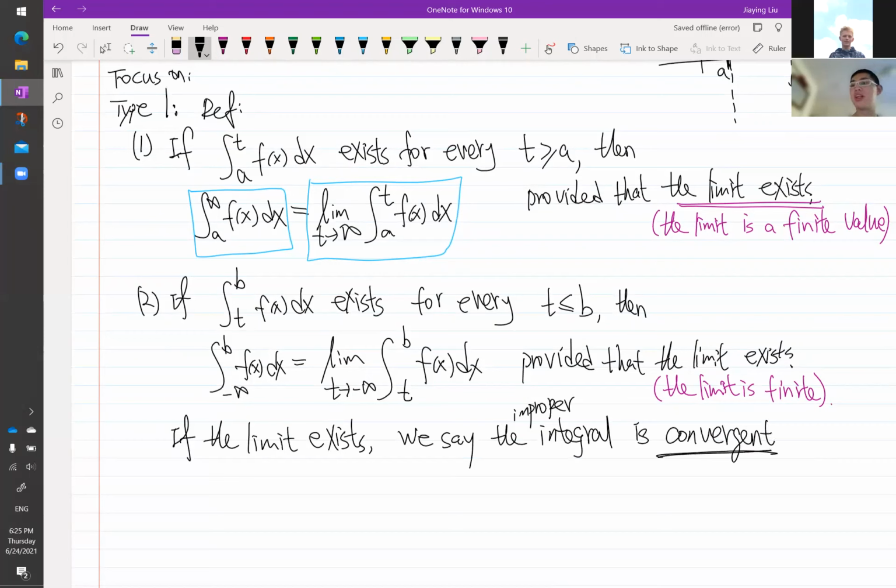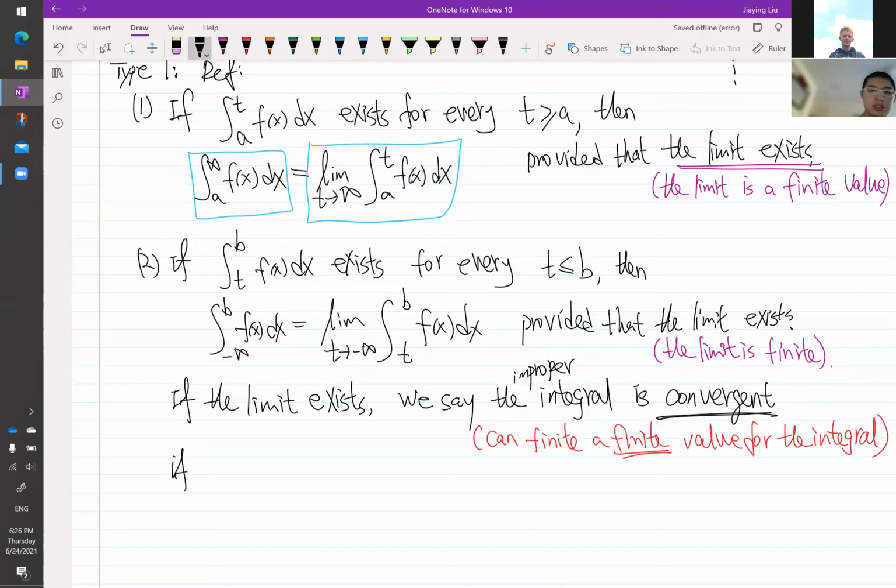That's just the condition for an improper integral to be convergent. The limit has to exist. It means that we can find a finite value for the integral. Has to be finite. If we end up finding infinity, then it's not convergent.